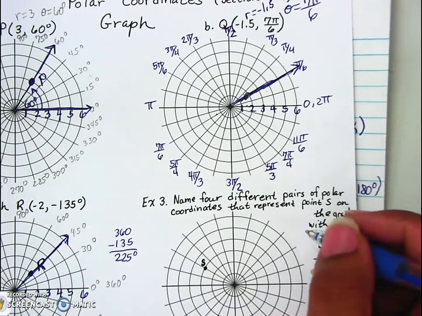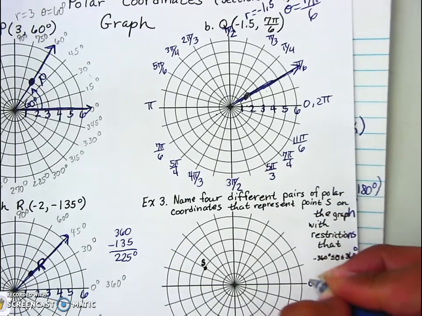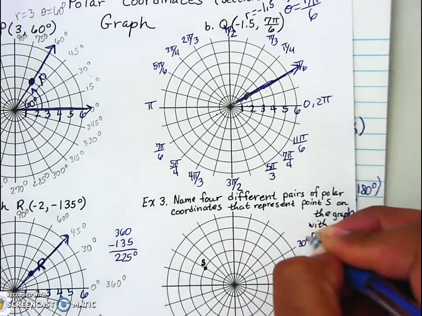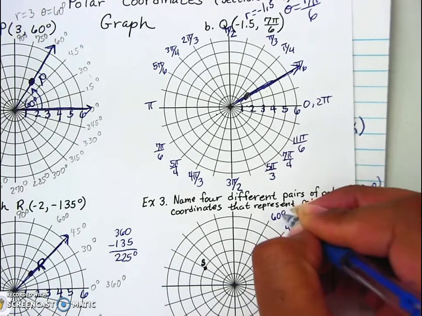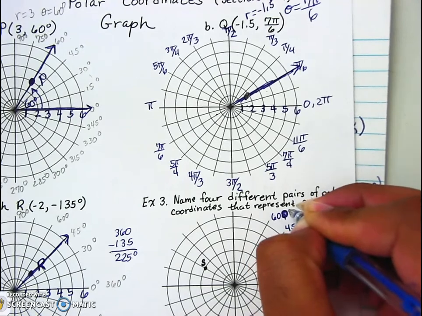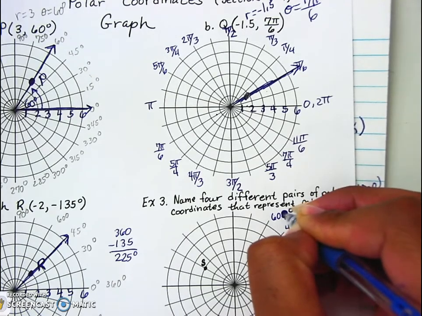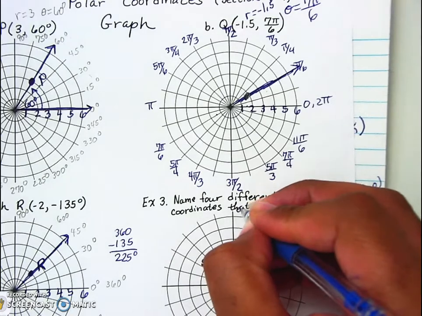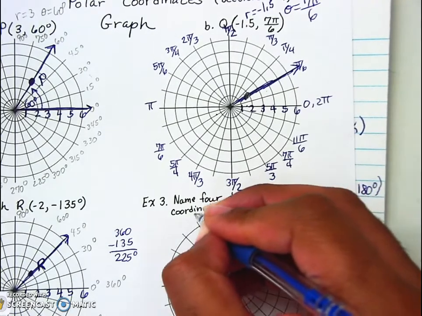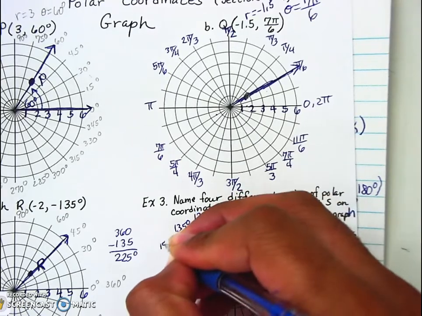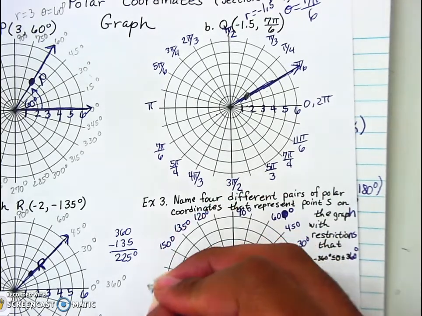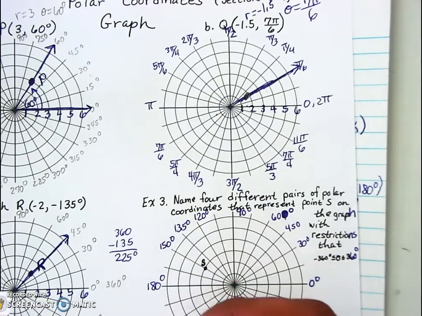Again, 0 degrees, 30, 45, 60, 90, 120, 135, 150, 180, 210, 225, and so on and so forth.